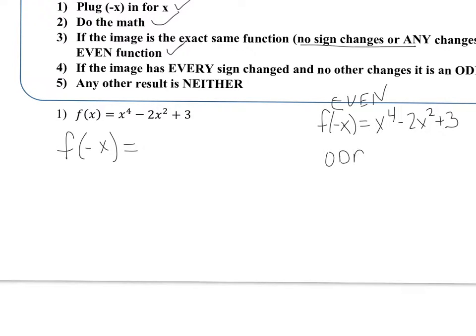If it was an odd function, then the signs change. So x to the 4th is positive, so it would have to be negative. Negative 2x squared would have to change to positive 2x squared, and 3 would have to be a negative 3. All the signs change. So we plug in negative x in every spot that we have an x.